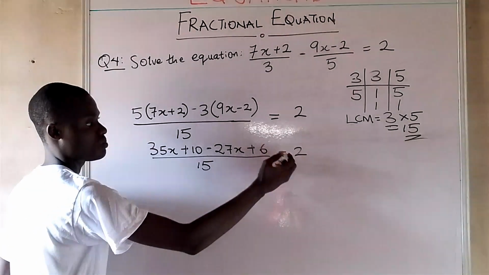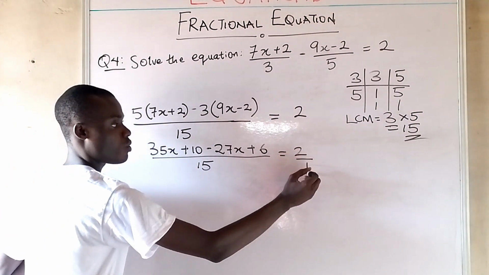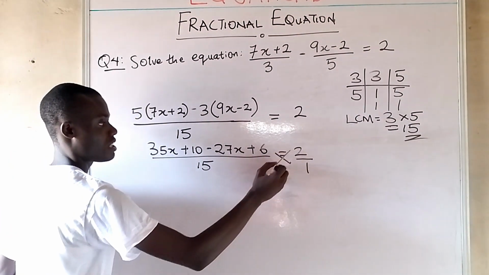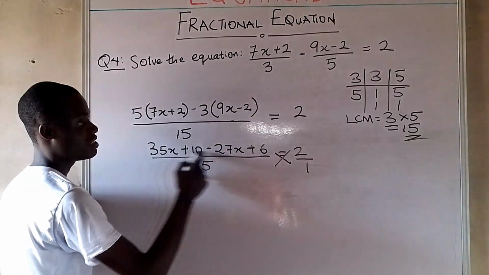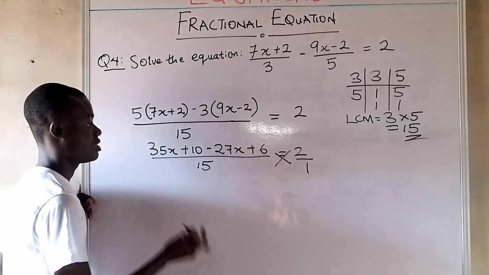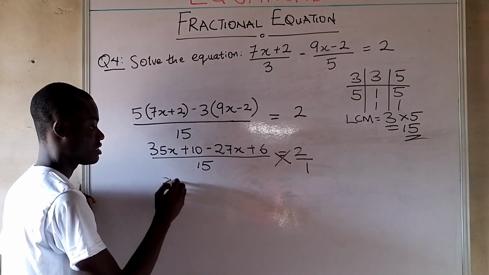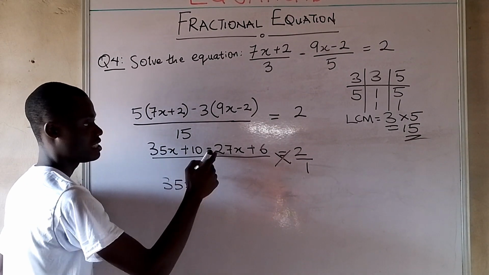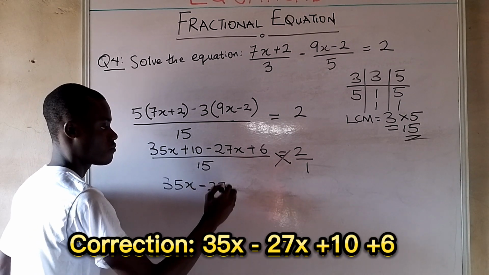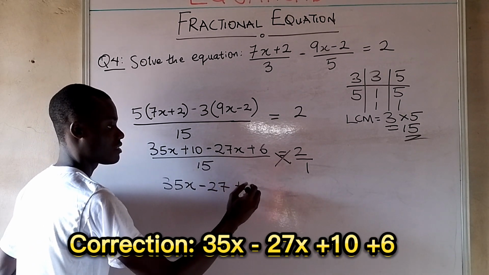Remember the rule, we have to cross multiply. 2 is the same thing as 2 over 1. So we have to cross multiply. Now, we are going to collect like terms. So this is 35x. This is minus 27x. This is plus 10.